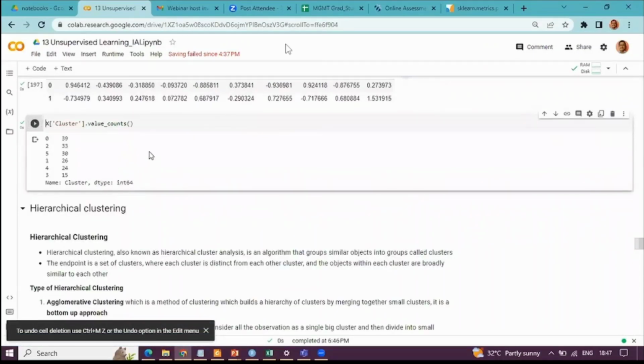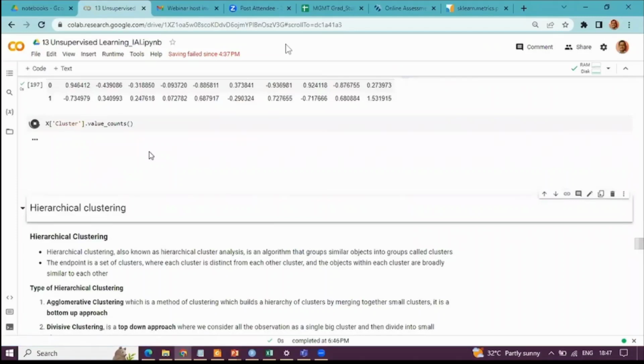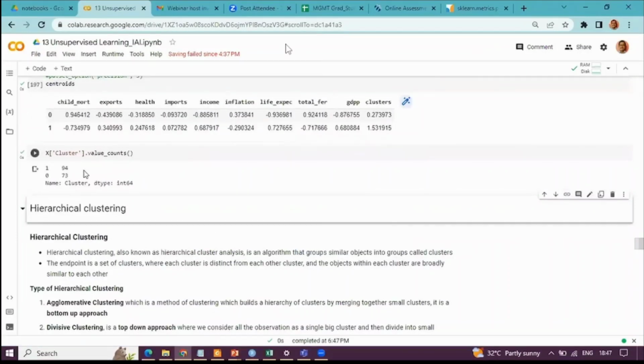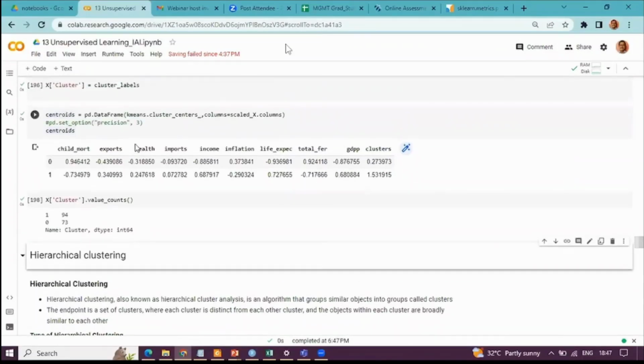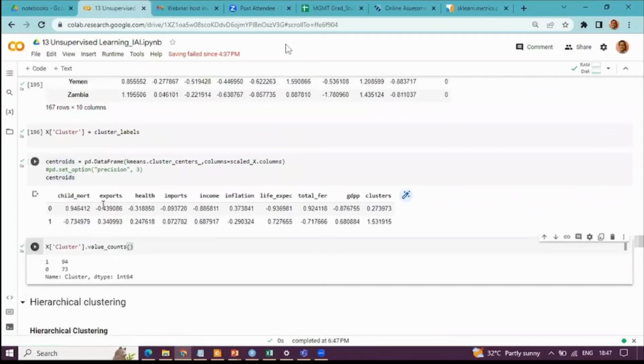Now, how many countries are coming into each of the clusters? Cluster 1 is there with 94 countries, whereas cluster 0 is there with 73 countries out of the 167. So you can very well say that probably the 73 countries that are there as a part of cluster 0, they are probably very underdeveloped kind of countries, right?